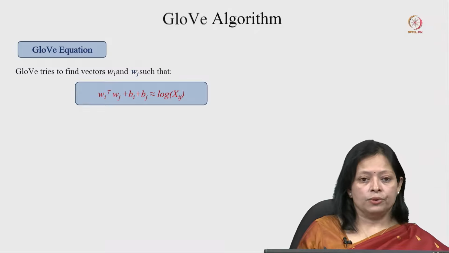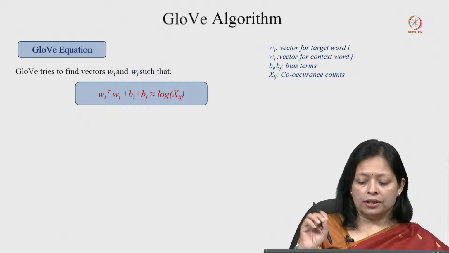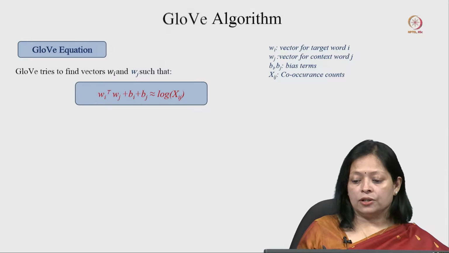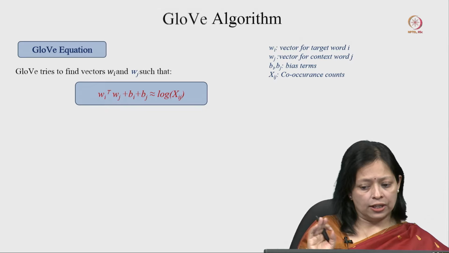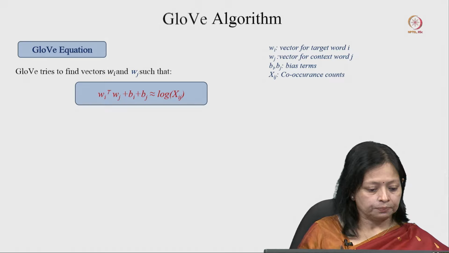Now, what exactly do I mean by this? wi is the vector for the target word i, wj is the vector for the context word j, bi and bj are the bias terms, Xij is the co-occurrence count. Okay. Xij gives the co-occurrence of i and j together.